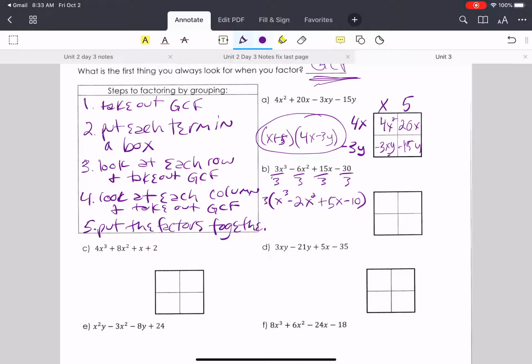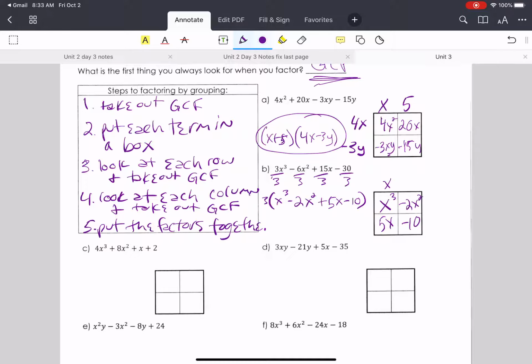When you say it has to be for all 4 numbers to be a GCF. Yes. Okay. So then, I'll just finish this one. X cubed minus 2x squared, 5x minus 10. Again, it's not going to work unless I pull a GCF out of everything before I put it in my box. So my GCF out of here is x.